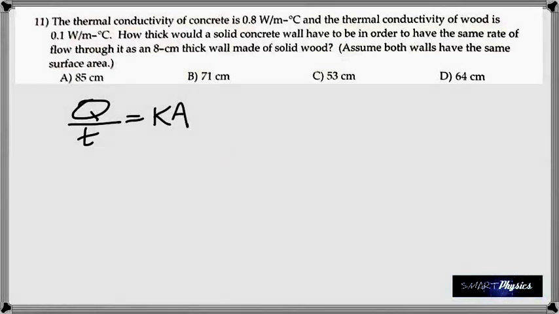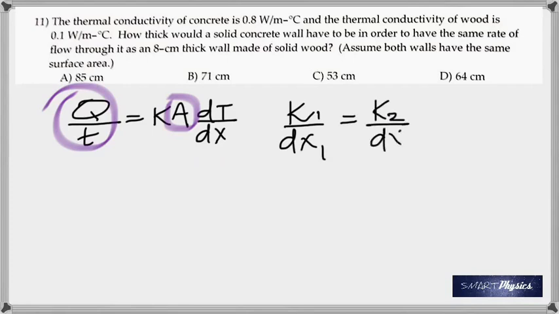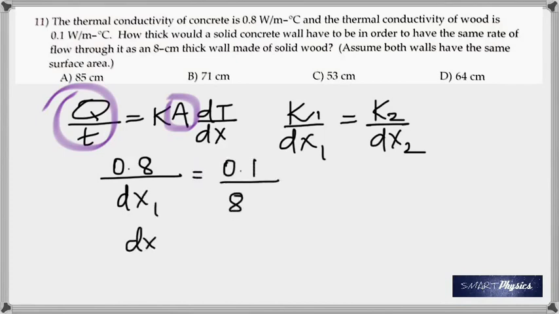So let's write the formula for conduction first. And several factors are the same. Alright, so you see Q by T and A are the same. And therefore, when you set it up as a ratio, K1 by dx1 is K2 by dx2. So where the 1 is concrete and 2 is wood. And the K's are given, so I substituted the values of K's here.